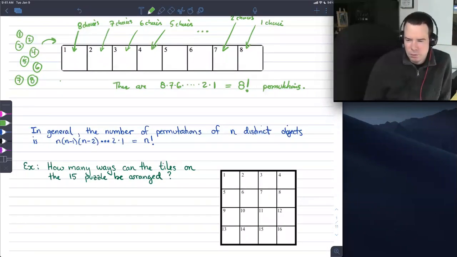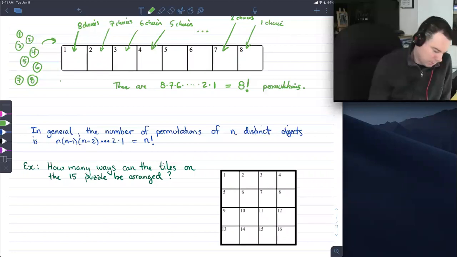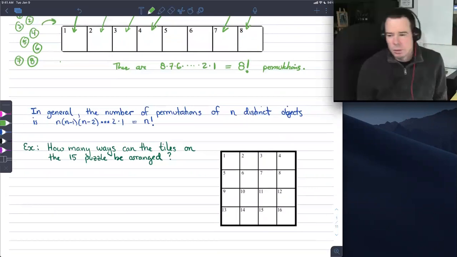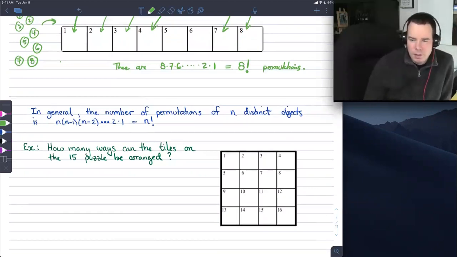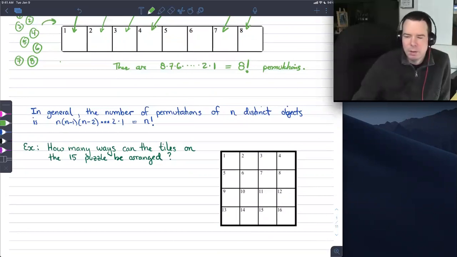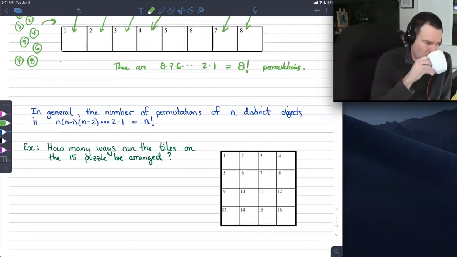So let's look at the 15 puzzle board. How many ways can the tiles on the 15 puzzle board be arranged? So again, we've got these 15 tiles, and then an empty space as well. And how many ways can we arrange the tiles on this board? If I was just to take all of these tiles and randomly place them on the board, how many ways can we do this?